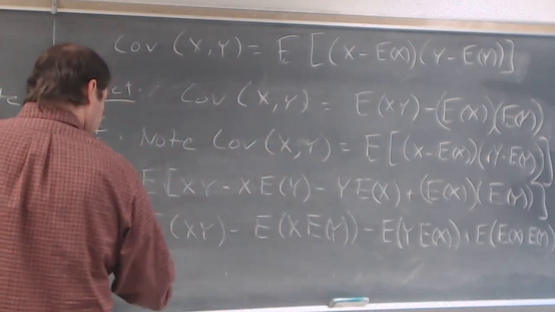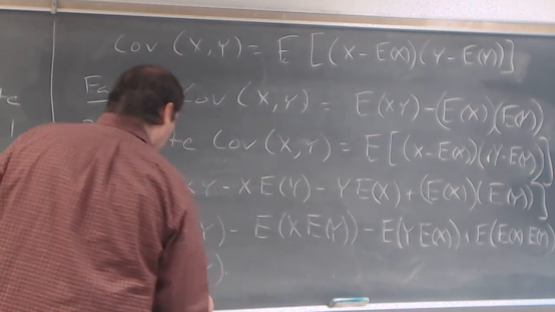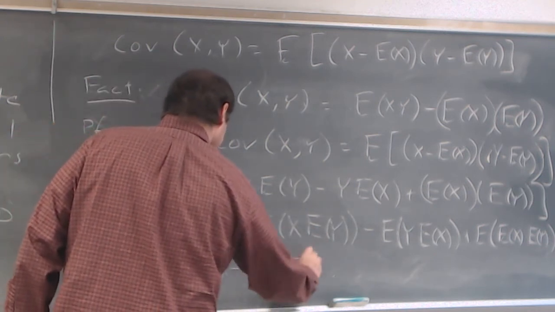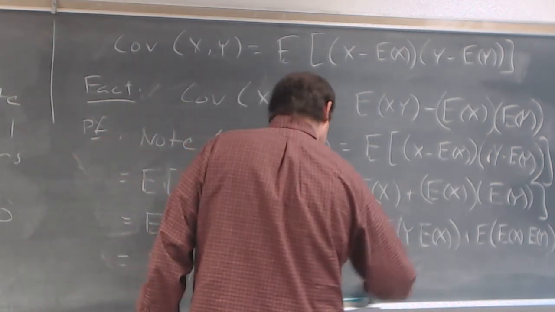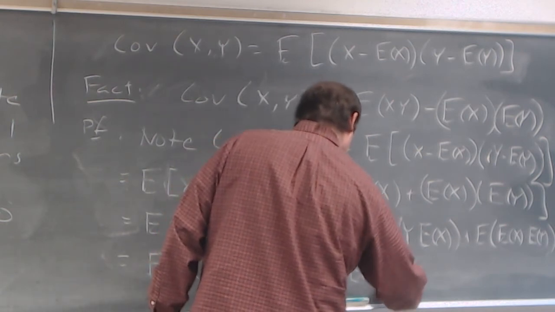And so that's equal to the expected value of x times y. Now the expected value of y here is a constant, so it can be pulled out. So you have the expected value of y times the expected value of x minus, here the expected value of x can be pulled out, and you'd be left with times the expected value of y.